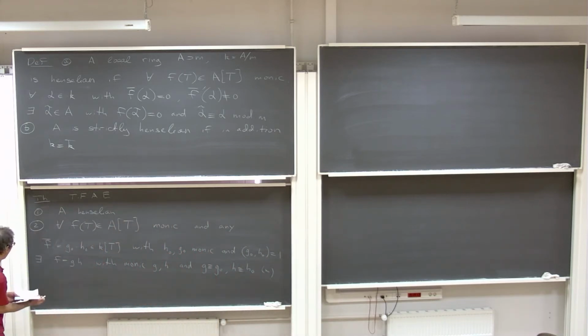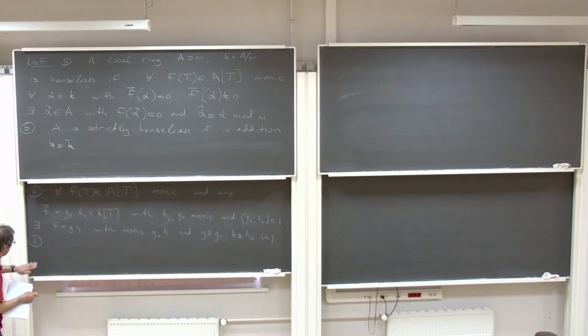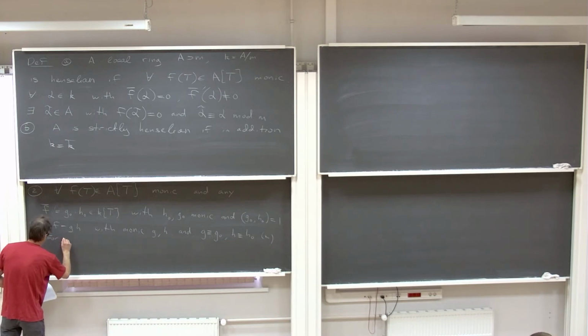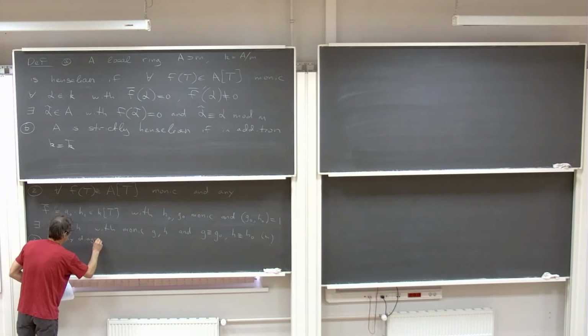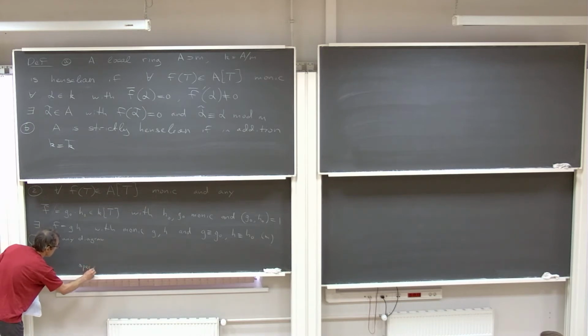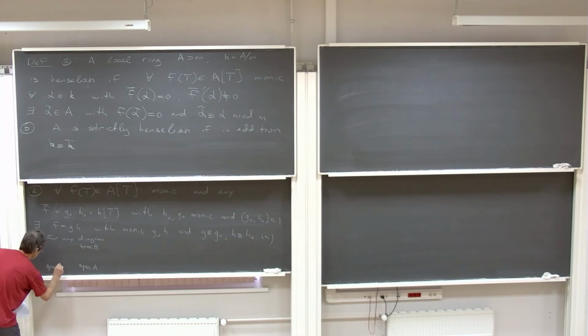The third equivalent condition is the following. So it's more geometric. So for any diagram, here I have spec A, and here I have spec B. Here I have the closed point.